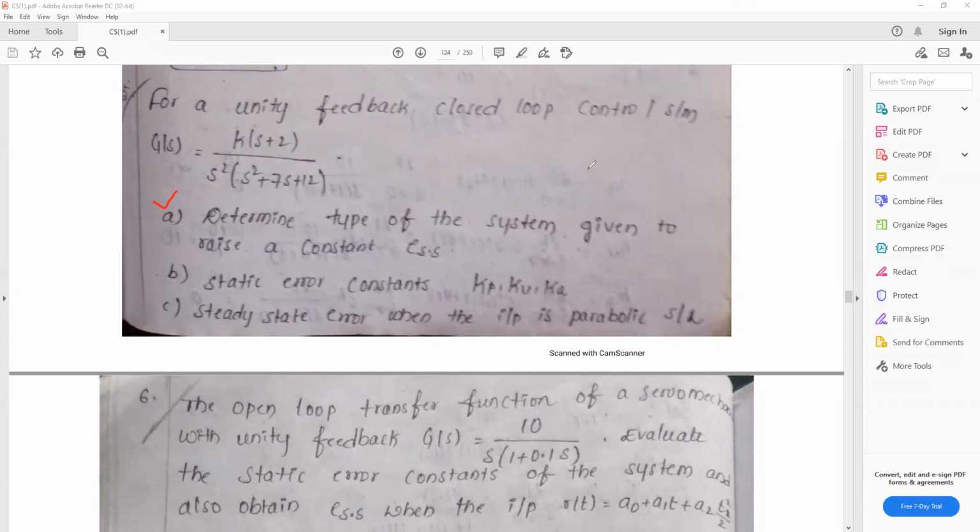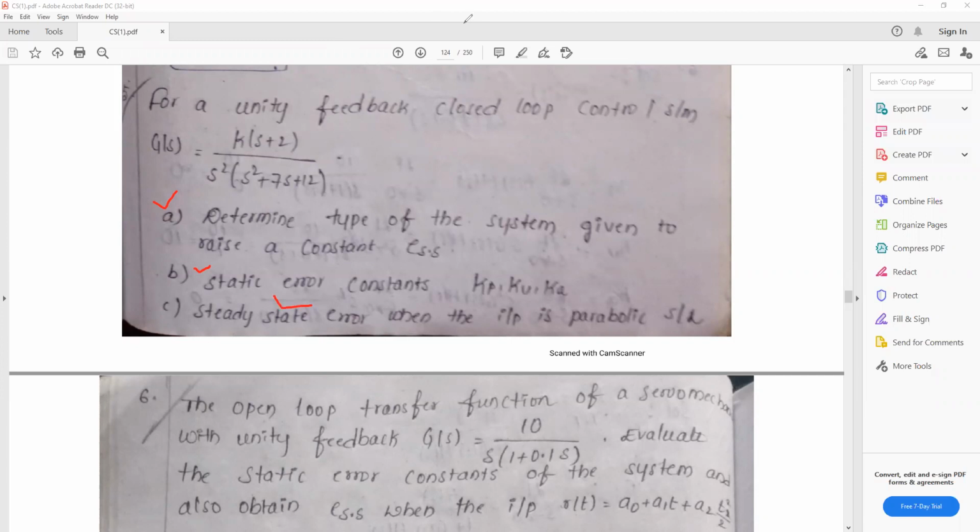And the second one, static error constants. Third one, steady state error when the input is parabolic signal.